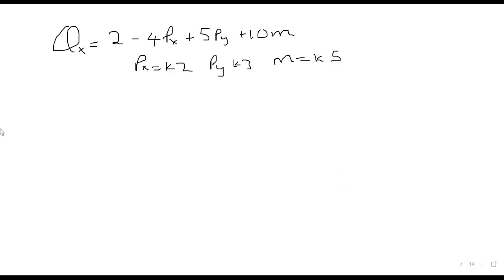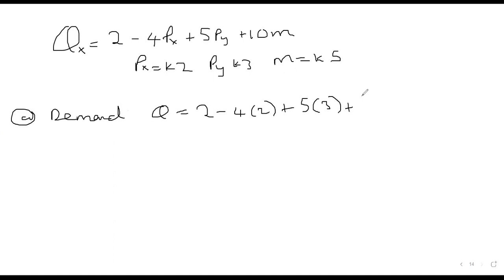Find the current demand. To find the current demand, just substitute the figures there. Where there's px, we put 2. Where there's py, put 3.